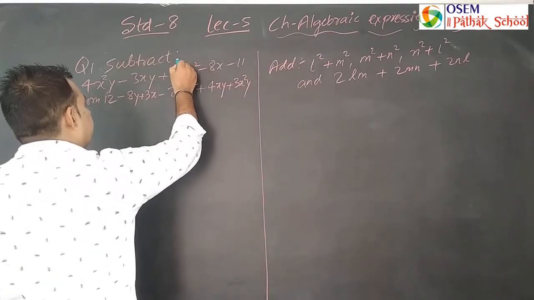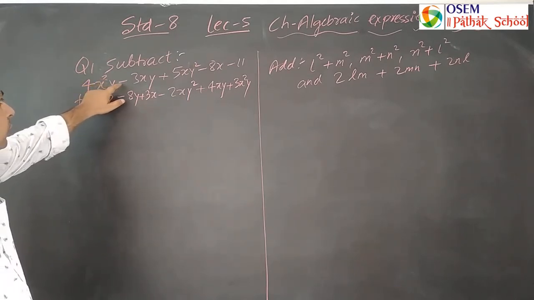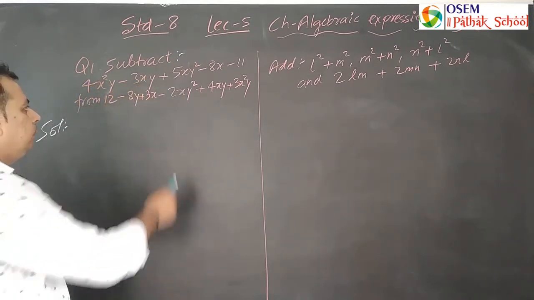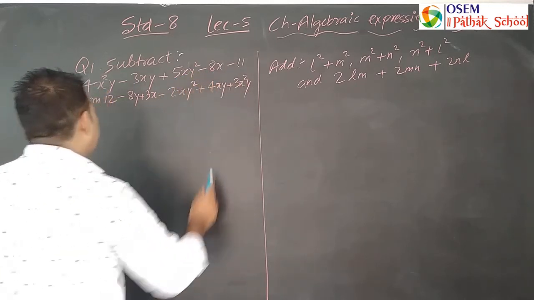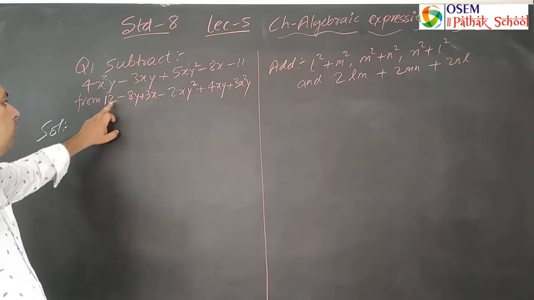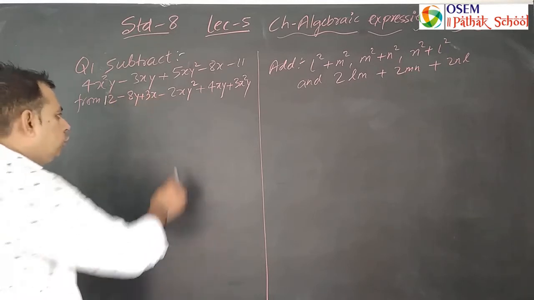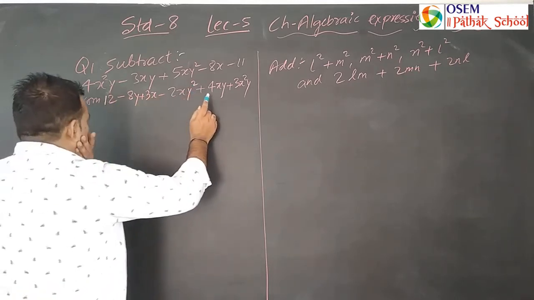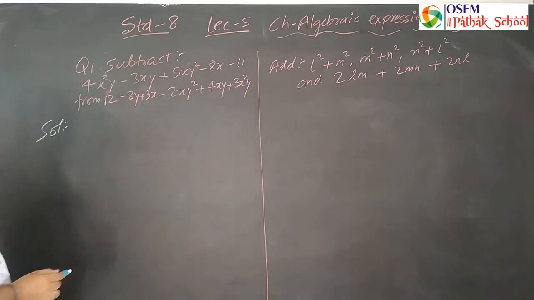It is given: subtract 4x square y minus 3xy plus 5xy square minus 8x minus 11 from 12 minus 8y plus 3x minus 2xy square plus 4xy plus 3x square y. Now what we will do?